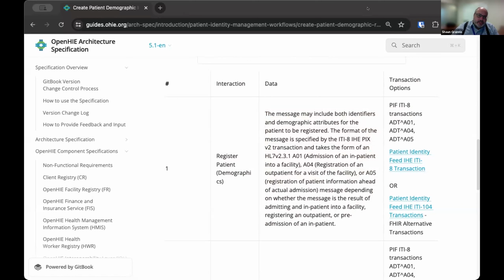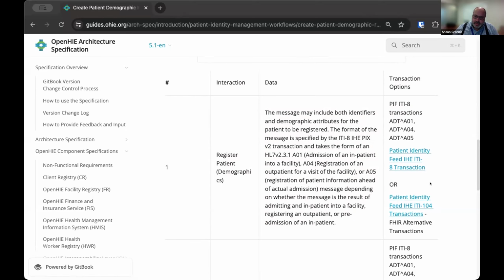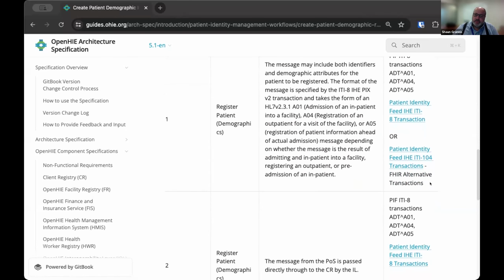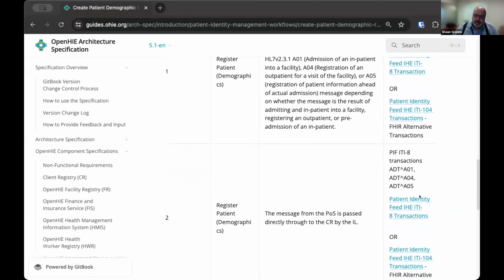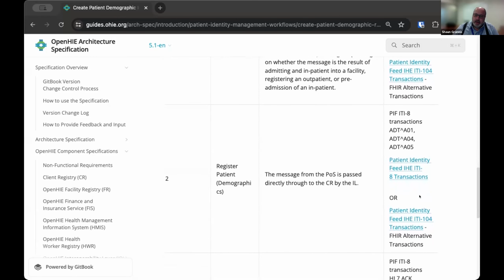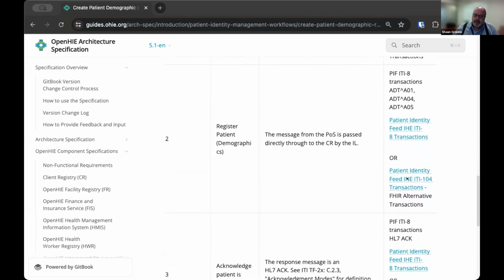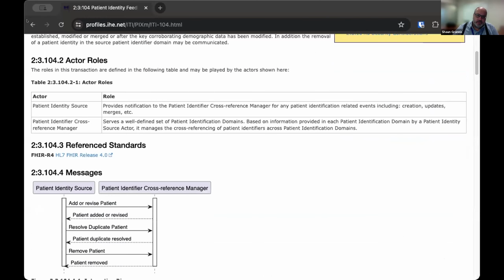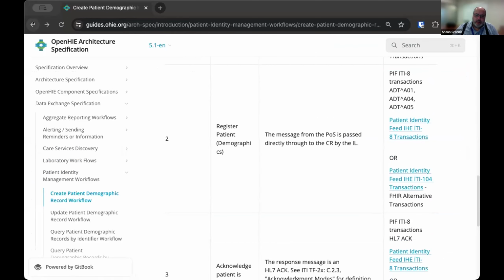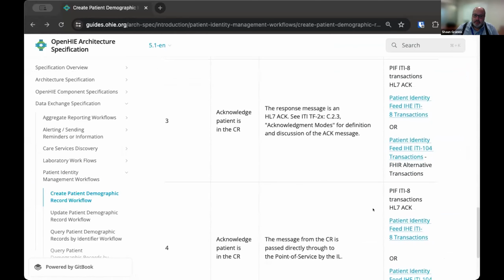So v2 continues to be real-world, practical, and important, even though we all want to move to FHIR. But we also do support FHIR transactions as well. And so we point to the specific IHE profiles that we recommend. And in fact, if I click on this, it'll take you right to the specific profiles that we support for that particular approach.